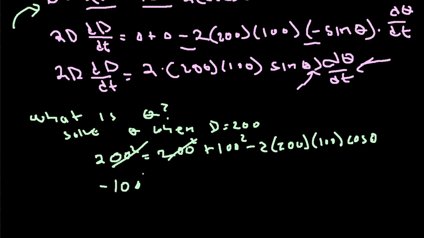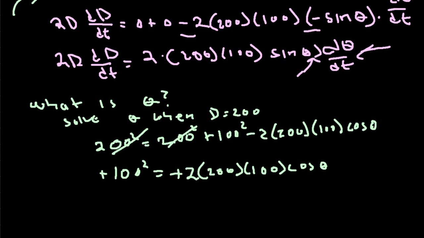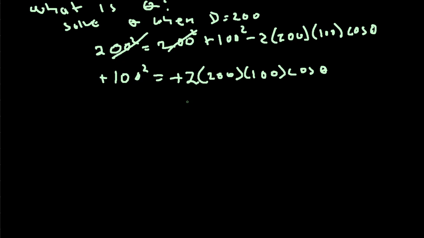I'm going to subtract 100 on both sides. That is equal to negative 2 times 200 times 100 cosine theta. The negatives cancel. And I'm going to go ahead and divide both sides by 2 times 200 times 100, just to save ourselves a few steps.